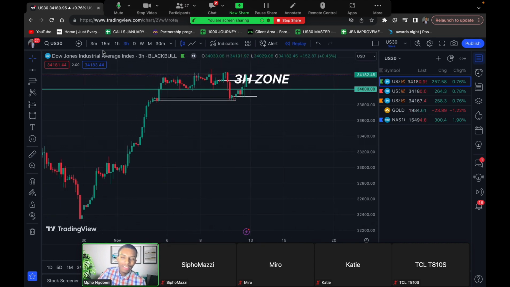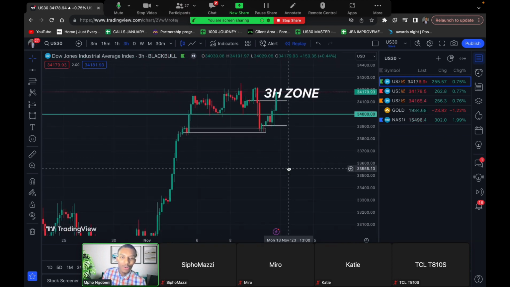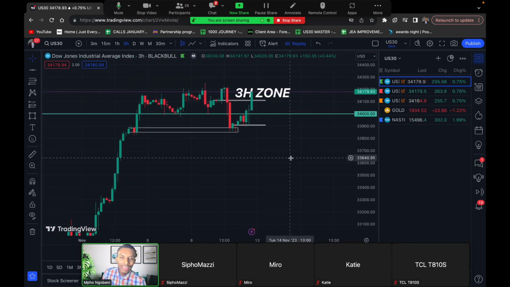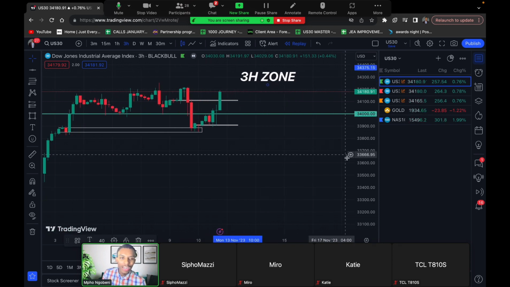The time frames I use most of the time, even if you check every time I send an entry, are either the 15 minutes, the 3 minutes, the 1 hour, or the 3 hours. Those are the time frames I use a lot to find suitable entries. So I'm going to start first with the 3-hour zones. Those are 3-hour zones.